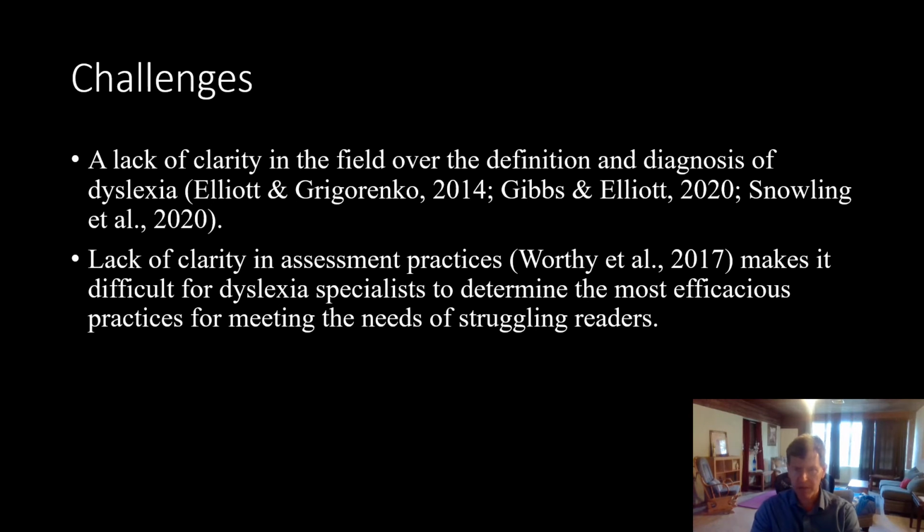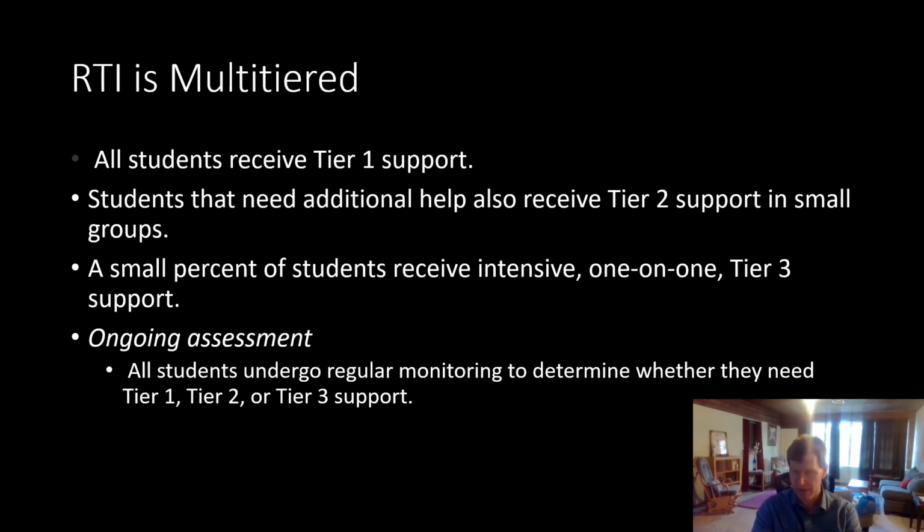There's also some lack of clarity when it comes to assessment practices. That's beyond what I need you to get into in this class, but this lack of clarity for assessment practices for people who are dyslexia specialists can make effective intervention and effective practices difficult to determine. There's still a great deal of debate in that area.